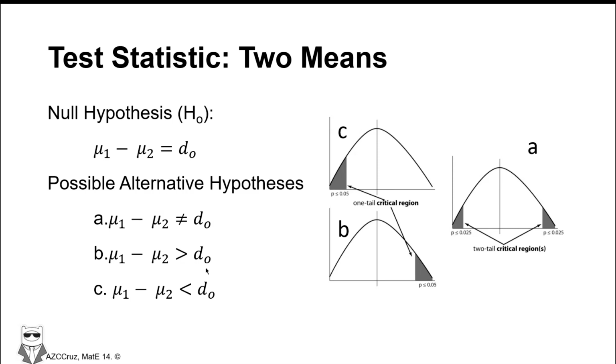So these are the possible alternative hypotheses, no? Again, kung D naught natin is assumed to be 0, wala tayong alam na difference between them. We are saying na 0, yung mu1 and mu2 are comparable sila, or not comparable sila, then it's a two-tailed test. This will just become mu1 is not equal to mu2.